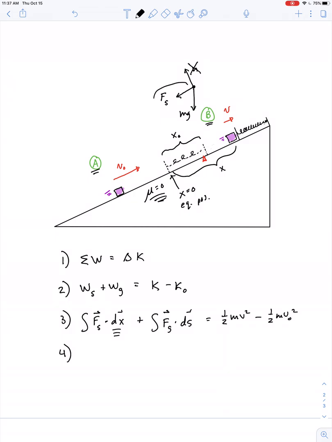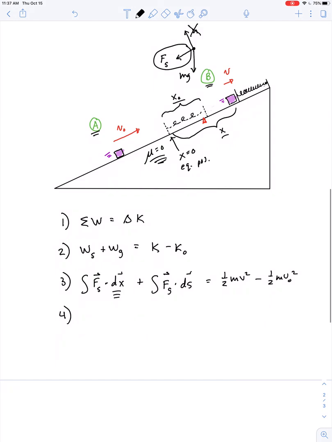So this force exerted by the spring is only occurring from initial position of x naught to a final position of x. So our limits of integration are from x initial to x final, and the force exerted by the spring has a magnitude of kx.